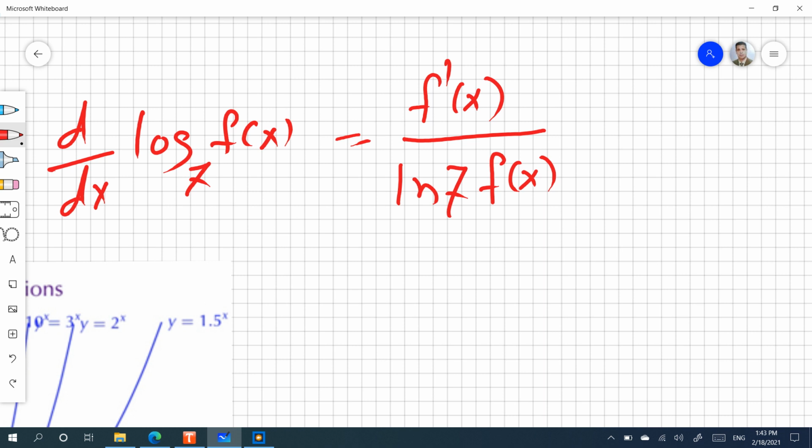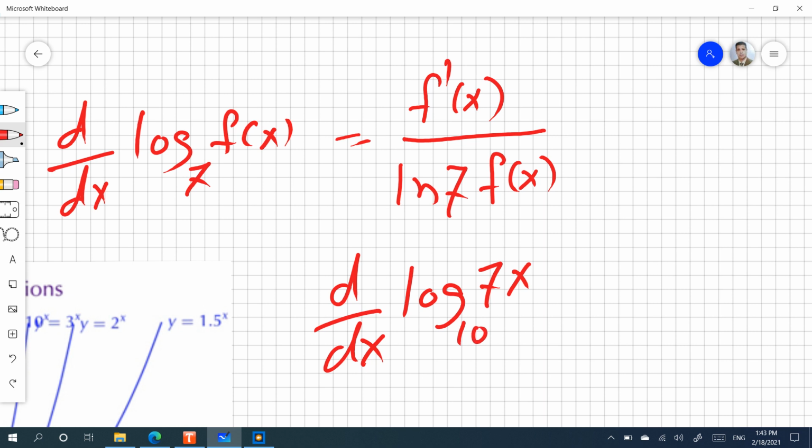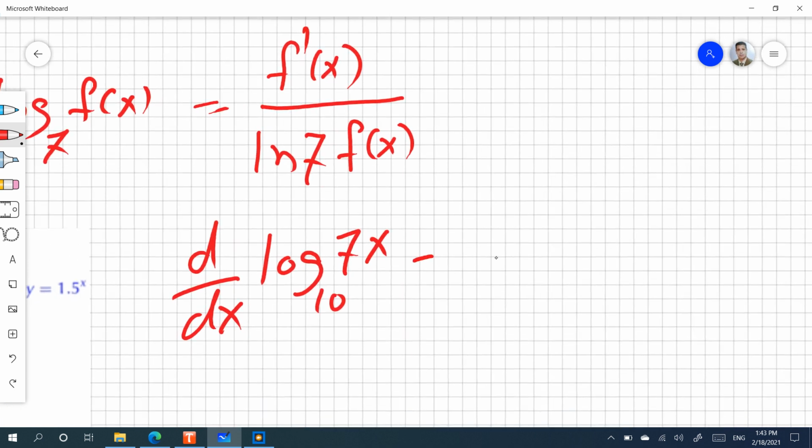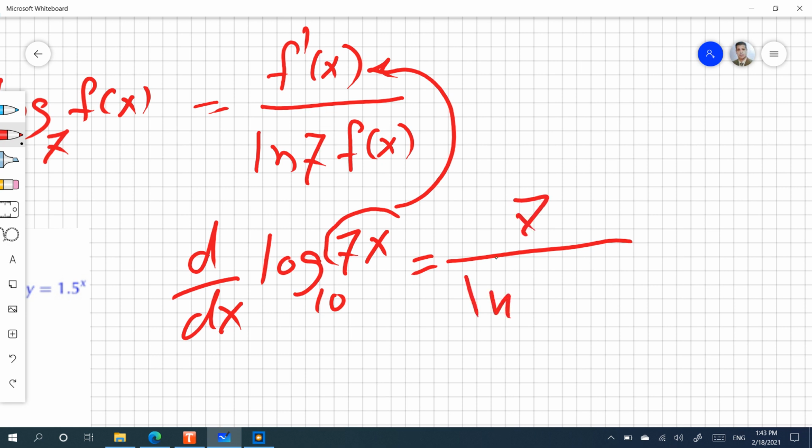For example, if we have d over dx of the function log 7x to base 10, we can differentiate this function by first differentiating 7x, which equals 7, divided by ln 10 times the function itself.